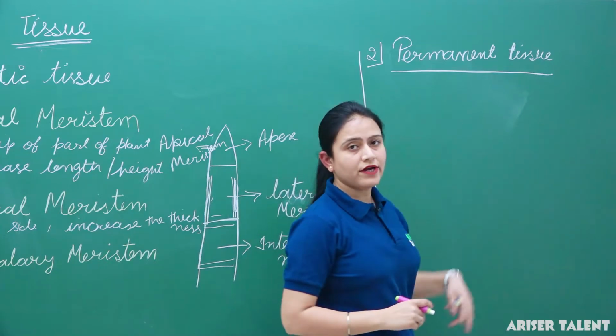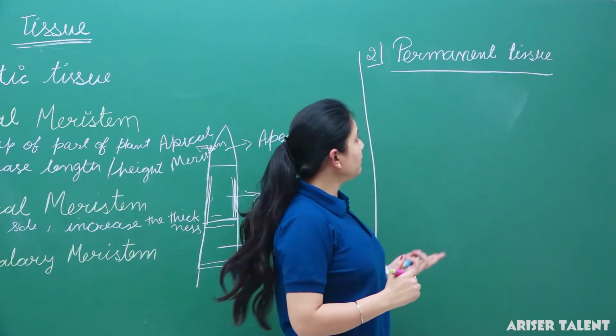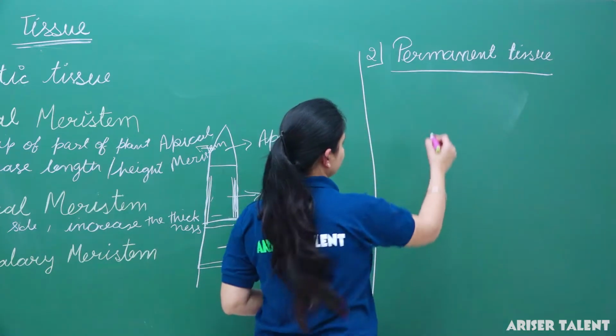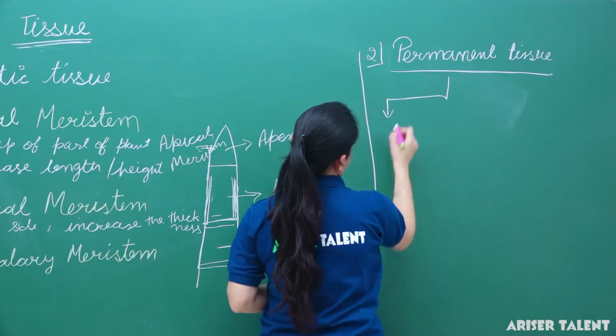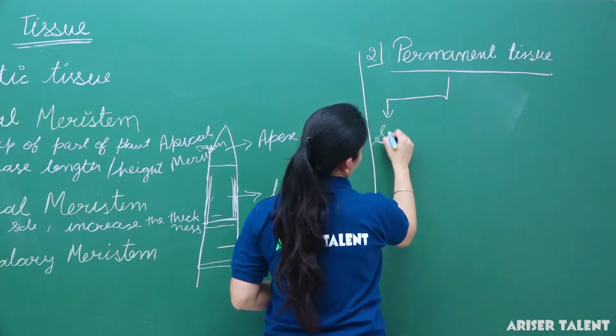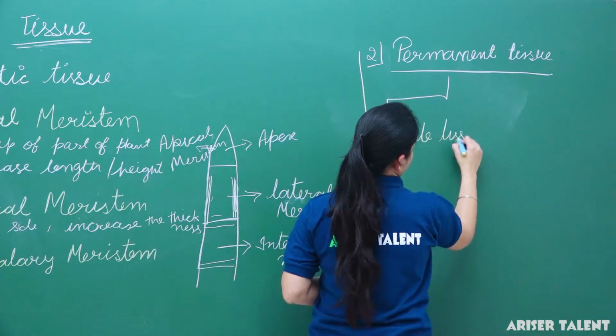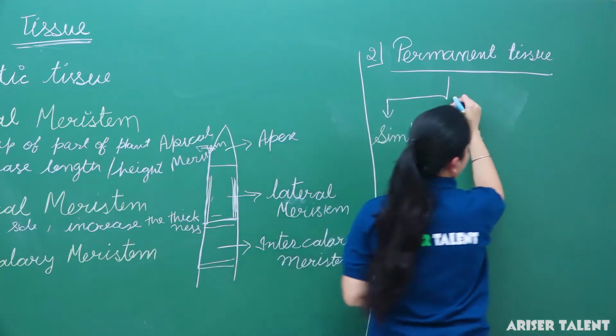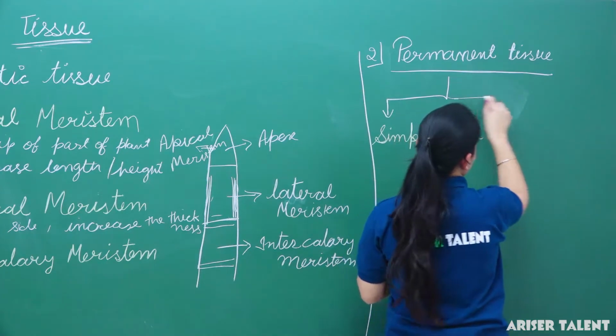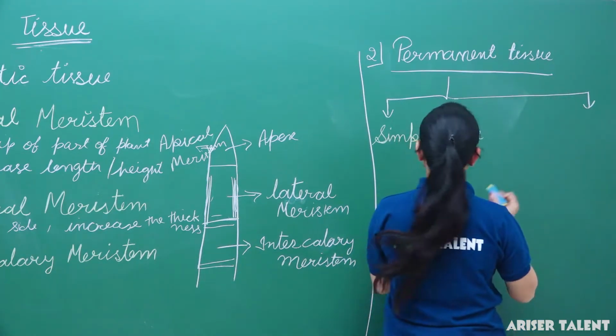Now, again it is divided into two parts, simple tissue and complex tissue.